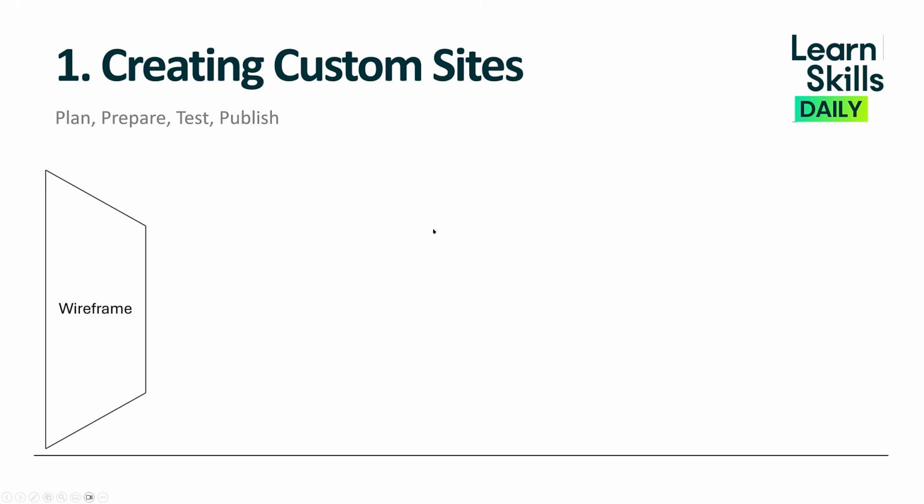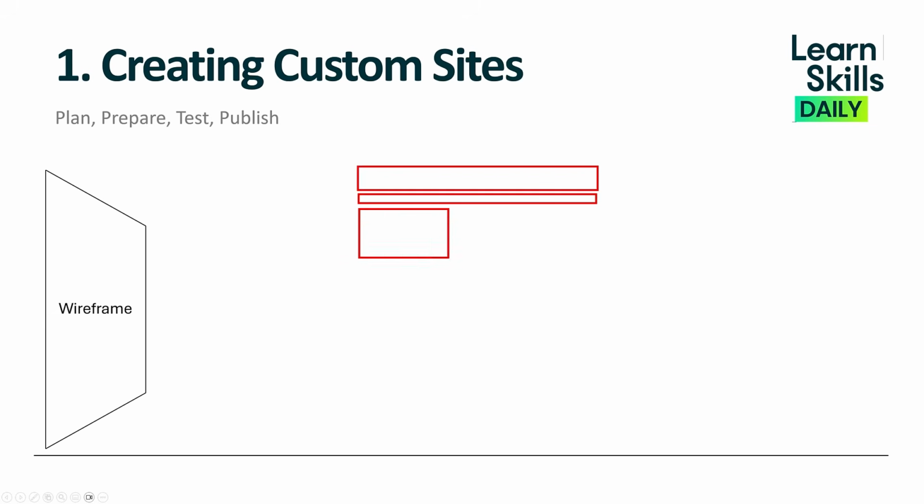A wireframe is basically just how you want the site to be laid out. Typically a site has a header, some space, some type of navigation underneath it. And then from there, it's just about columns and rows. So maybe you want 2 big columns in one section, 2 big columns in a row.